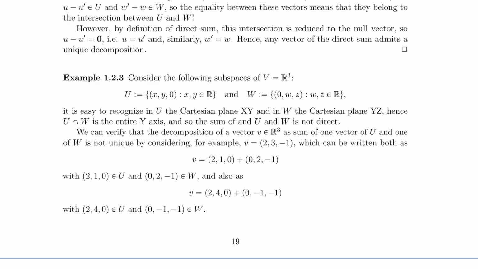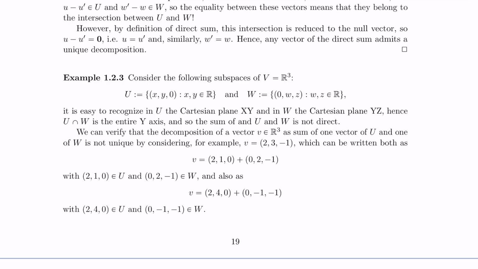U is the plane X, Y, and W is the plane Y, Z. Notice that these two vector subspaces, these two planes, share the y-axis, and so their intersection is not reduced to the only null vector, because all the vectors that belong to the y-axis are shared between this and this subspace.